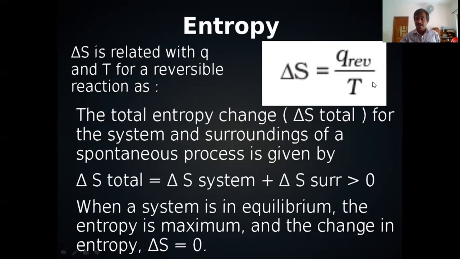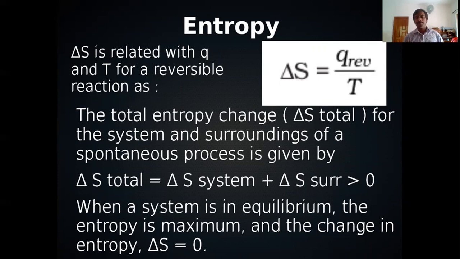So here temperature T is constant. Q reversible we can take as the enthalpy change. So it is the equation to find out the change in entropy, delta S.